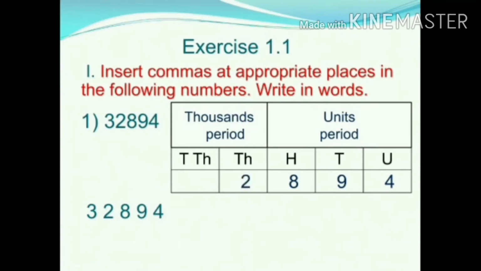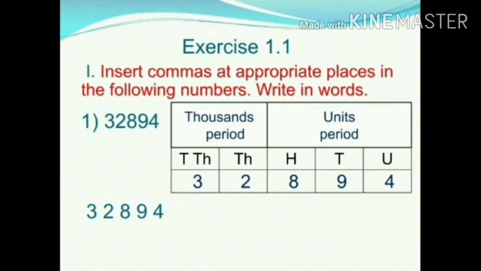Next the fifth number is 3. Which is the fifth place in the place value table? From right to left, yes, the fifth place is 10,000. So we should write 3 in the 10,000 place. Now we will put commas. We put a comma after each period.